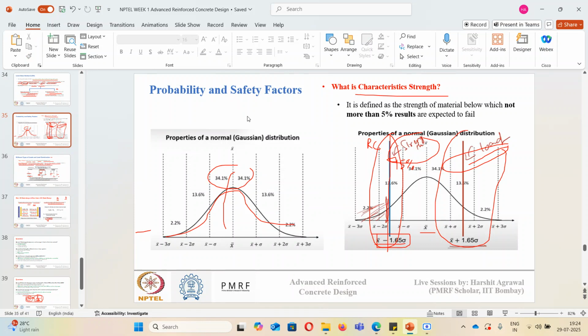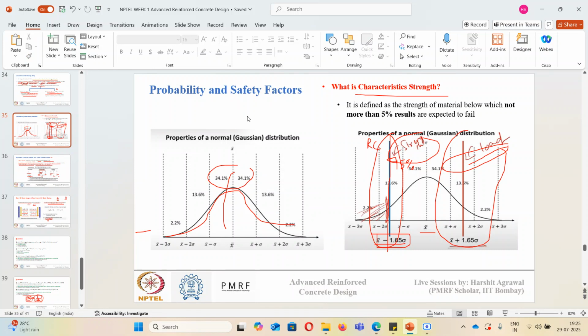Let me tell you in very simple terms. When we talk about load acting on a material or the strength of a material, these are not fixed values. They can show some deviation, and the normal distribution is the simplest way to represent deviation. Suppose in the laboratory I prepare concrete to achieve 25 MPa strength.